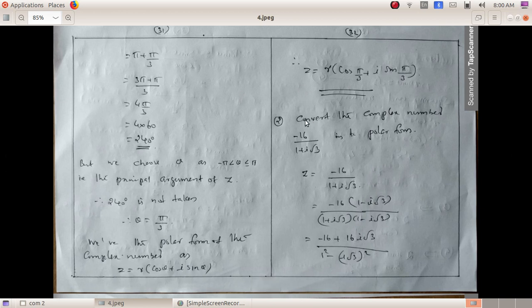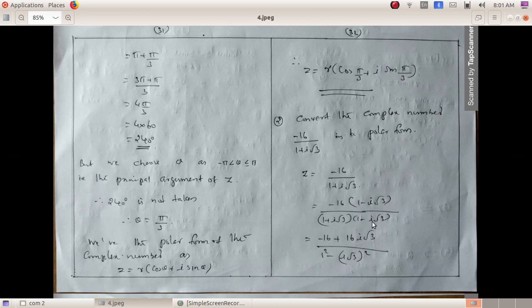Similarly, convert the complex number minus 16 by 1 plus i root 3 into polar form. This complex number is not in the standard form, which is Z equals x plus iy. So firstly we convert it into standard form. Given Z equals minus 16 by 1 plus i root 3, we take the conjugate. The conjugate of 1 plus i root 3 is 1 minus i root 3.